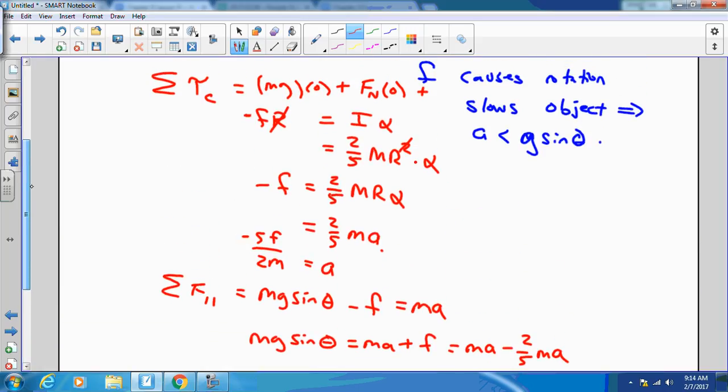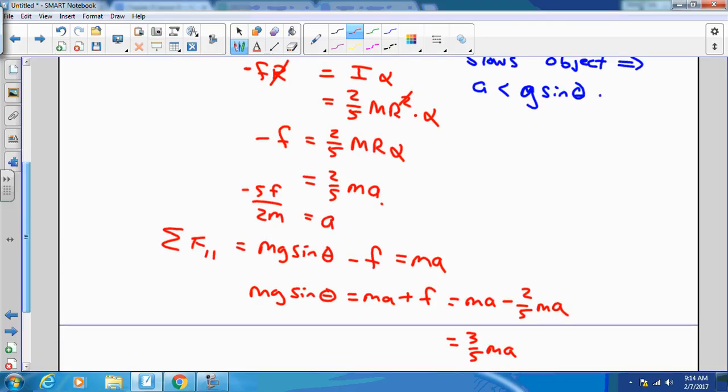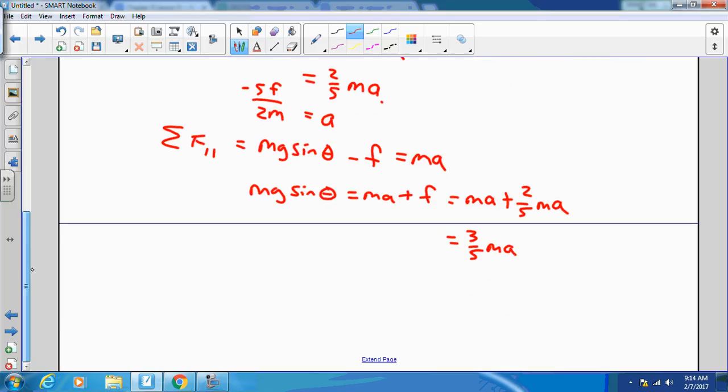No, something's wrong. I double negativized myself. Here we go. That's the component there. So this should be equal to 7/5. And the acceleration here is therefore 5/7 of g sine theta.